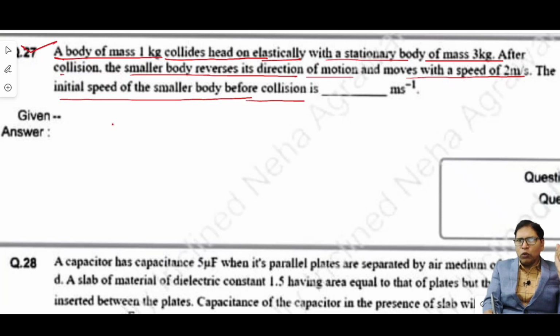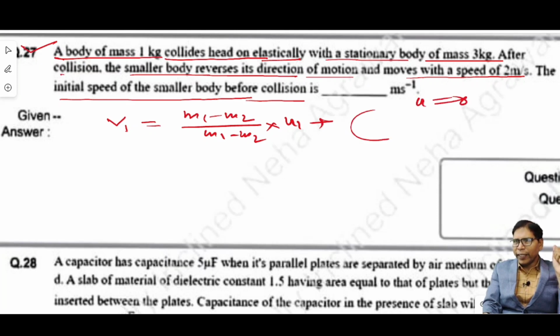Now you know the velocity v1 of the first body is m1 minus m2 divided by m1 plus m2 into u1. And as u2 equals 0, the second term vanishes. Now this is minus 2 meter per second.